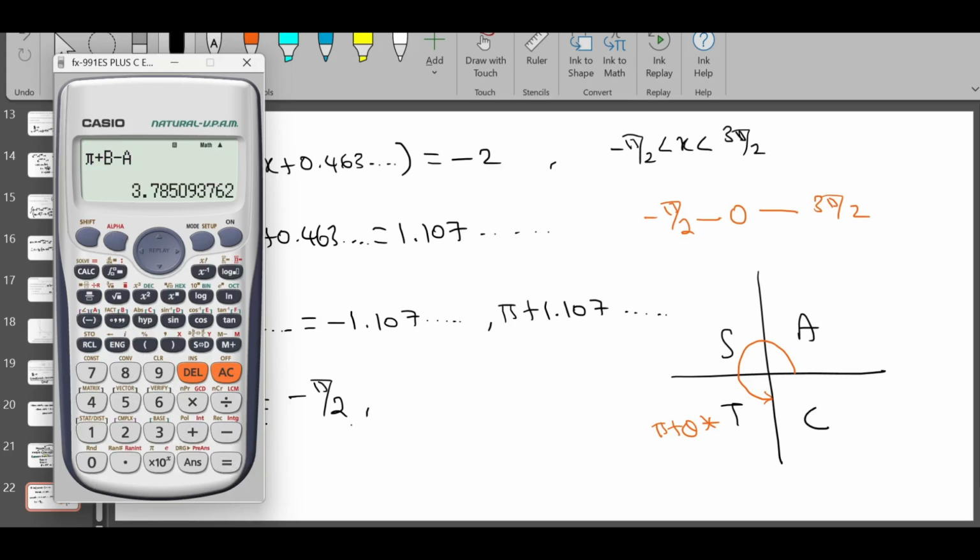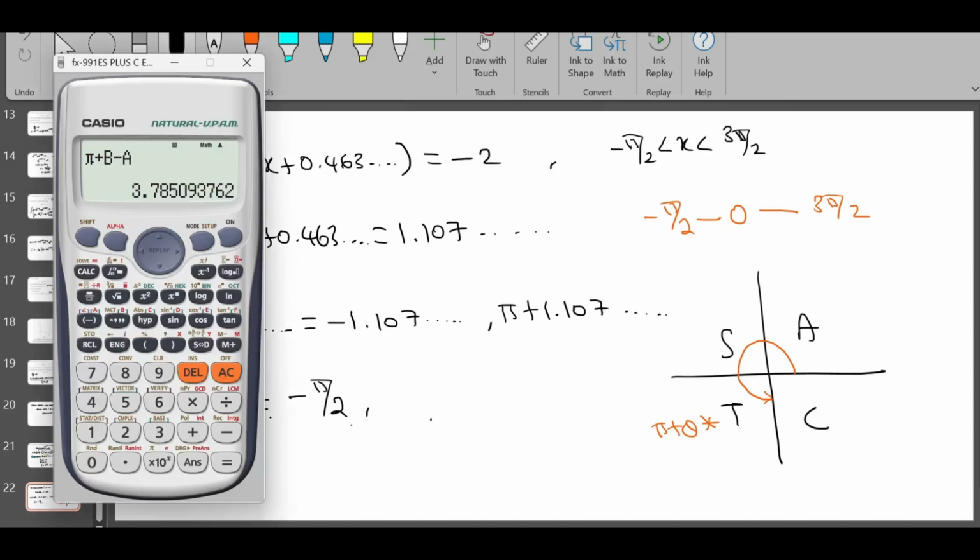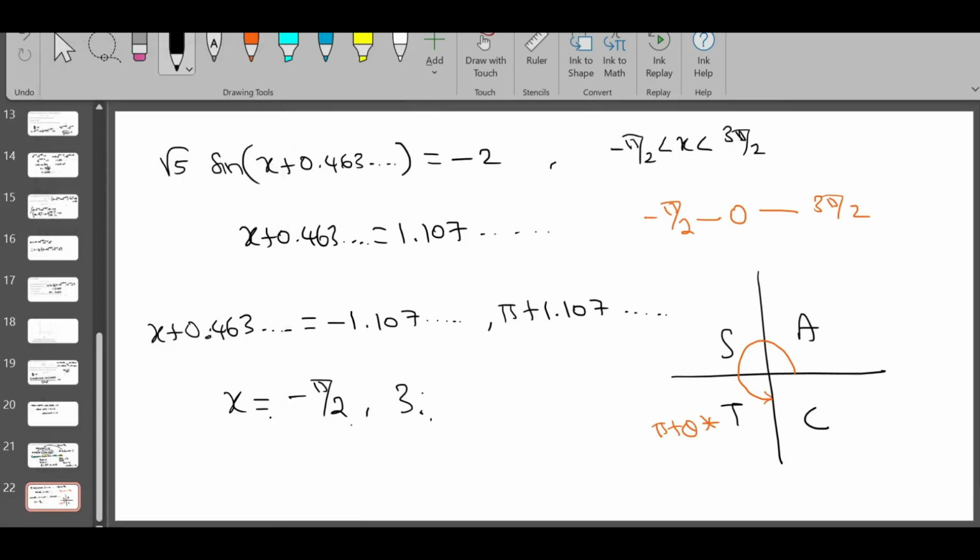We are getting 3.79, as they want the answer rounded to 3 significant figures. So 3.79, that's the second answer. You cannot add minus pi over 2 because there is no equal sign here. Therefore, x is equal to 3.79. That's all.